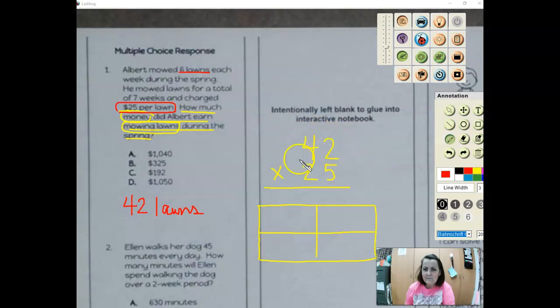And we're going to take 42 and rewrite that as 40 plus 2. And we're going to take 25 and rewrite that as 20 plus 5. Now we're going to take our factors and place them in the box.